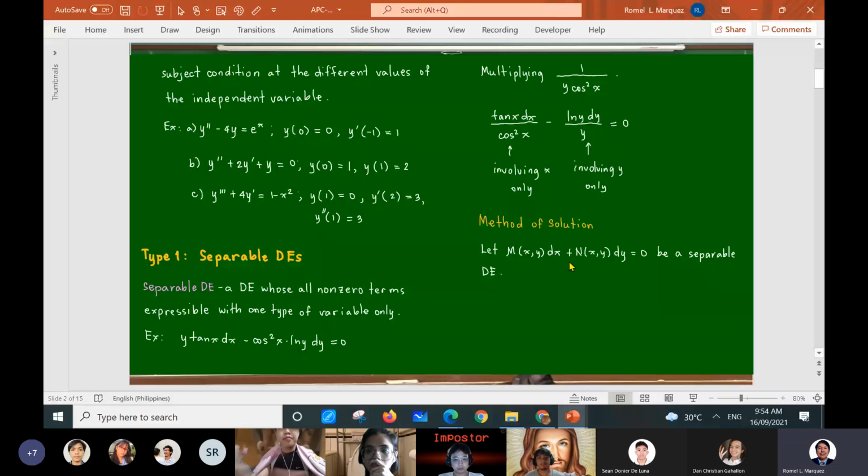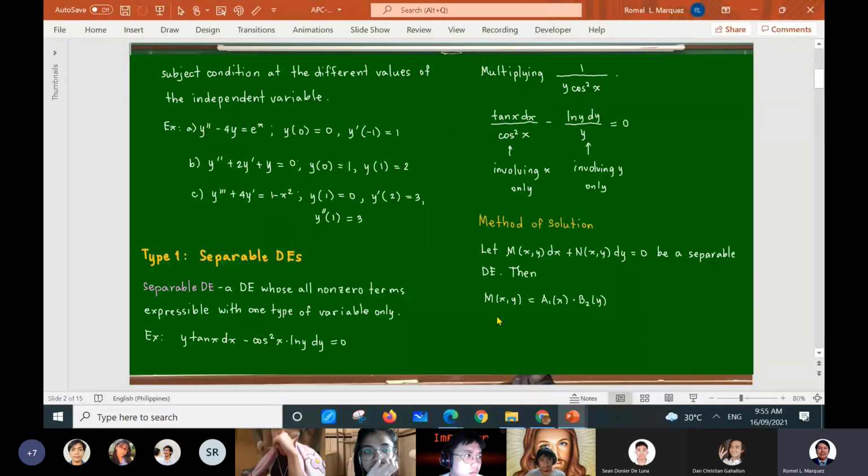So, if this is a separable DE, then I can express M of xy as A sub 1 of x times B sub 2 of y.